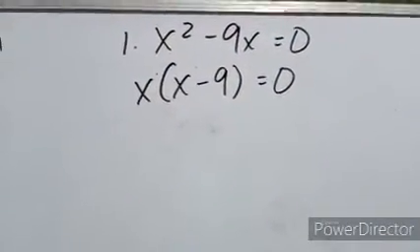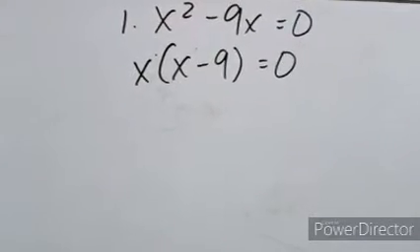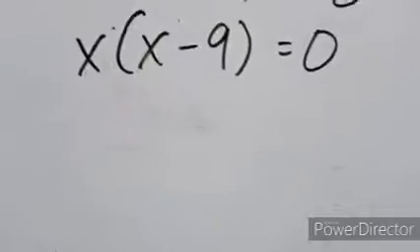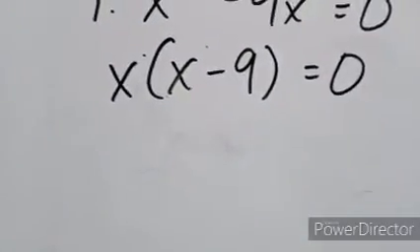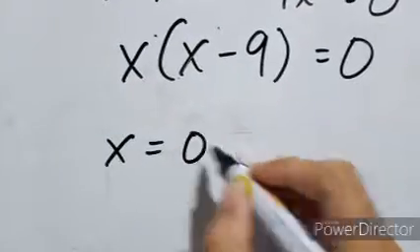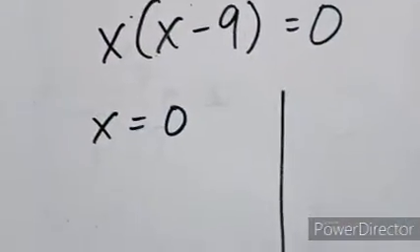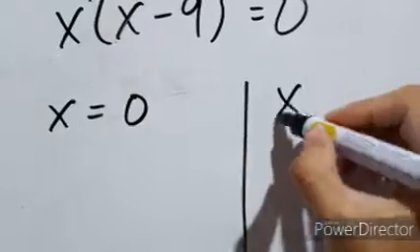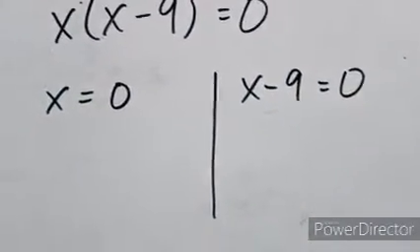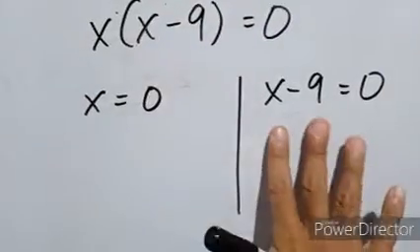Ngayon, paano natin kukunin ang value ng ating variable? So, simple lang. Hatiin muna natin siya into 2 equations. So, x is equal to 0. So, 0 na agad yung isa. The other side is x minus 9 is equal to 0. So, may value na ba siya dito?